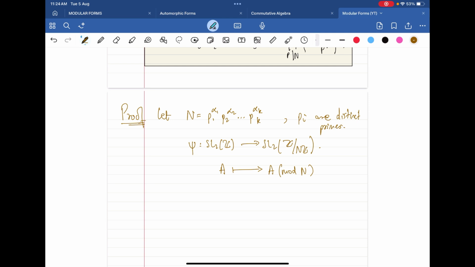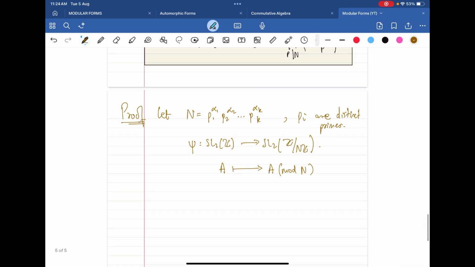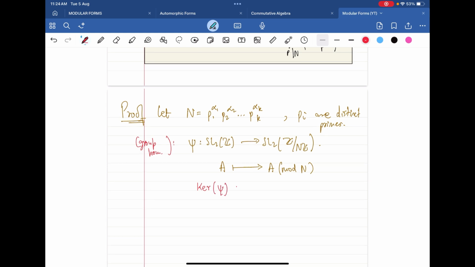Now an easy observation, which you can write in one line, is what I'm going to state right now: the kernel of this group homomorphism psi is actually the principal congruence subgroup gamma n.